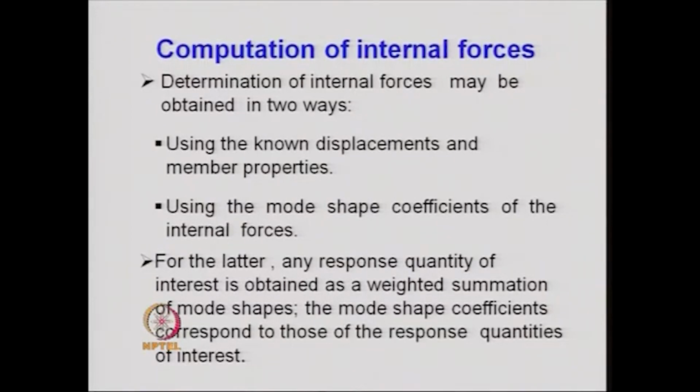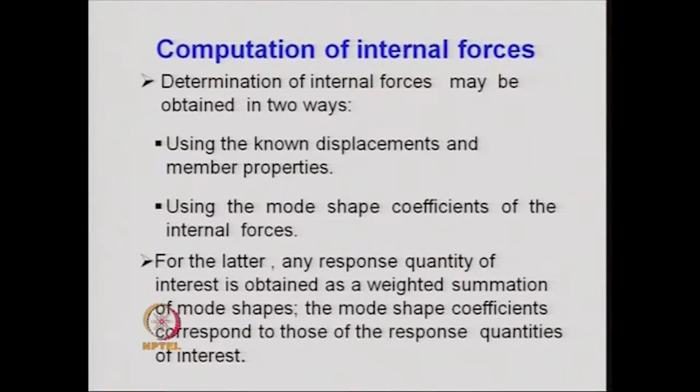Now, let us look into how we can find the bending moment and shear forces in a particular structure, because the dynamic analysis we have talked about so far provides us the displacement, and from that displacement we have to finally calculate the bending moment and shear force in each of the members, that is, the internal forces.